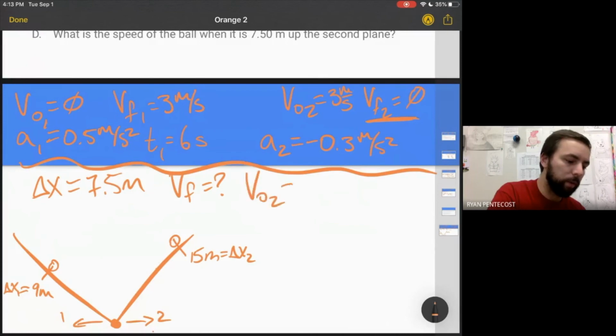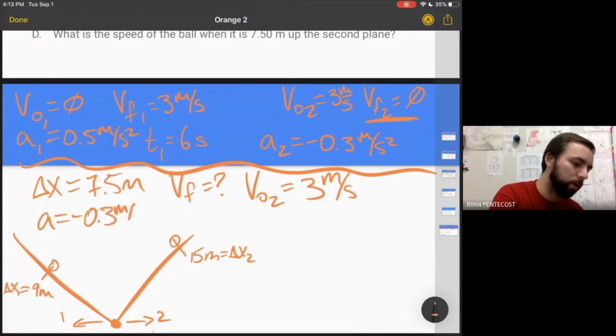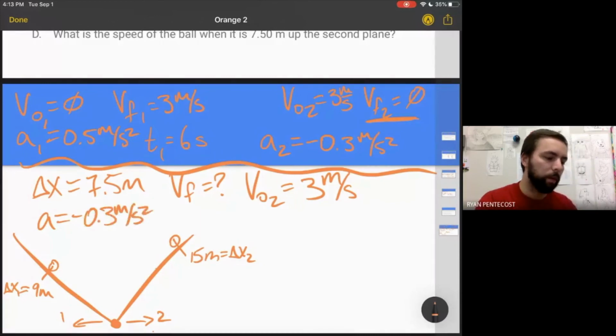V naught, because it still went down the first plane and it's coming up, it'll stay 3 meters per second. And the acceleration will stay the same. Acceleration is still negative 0.3 meters per second squared. But we need to find VF. And we don't have time. So let's use the one that doesn't have time.